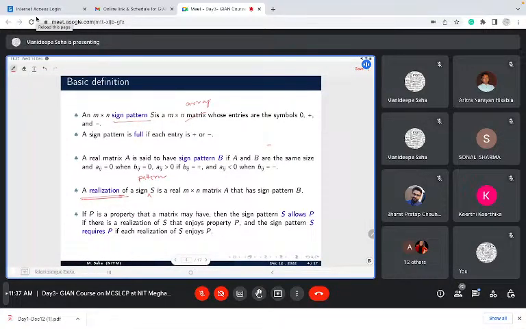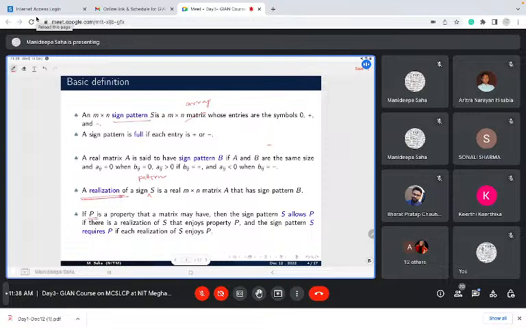Now, next is something important. Throughout this talk, I'll be using the character S to mean a sign pattern matrix. Suppose we have a property, let me call it P, that a matrix may have.